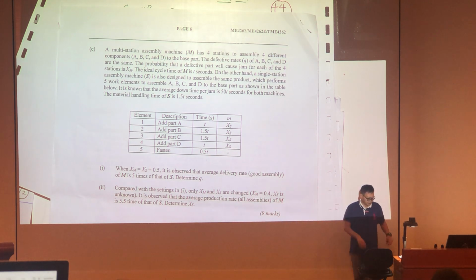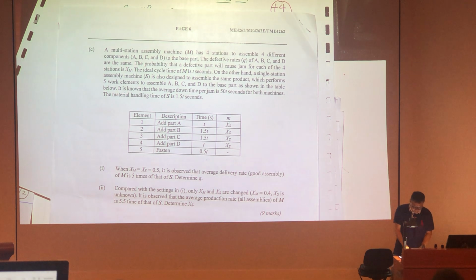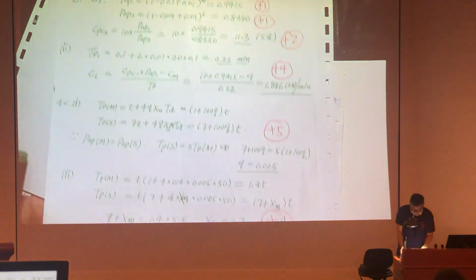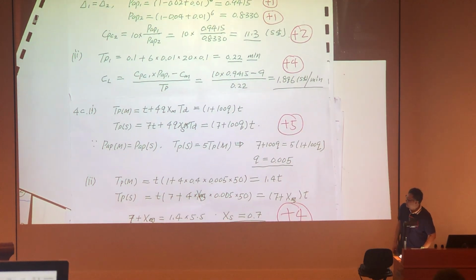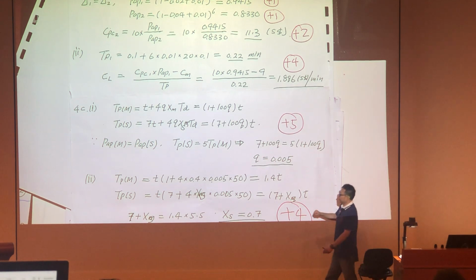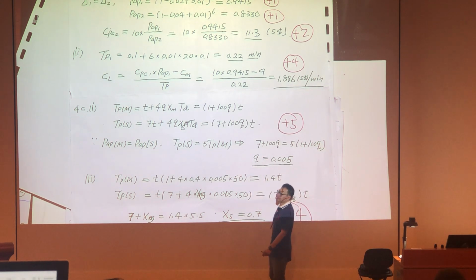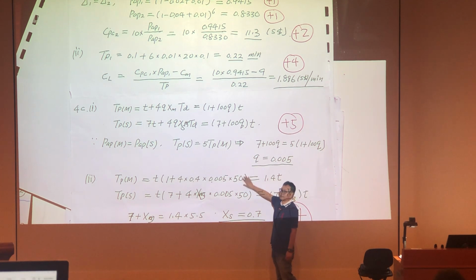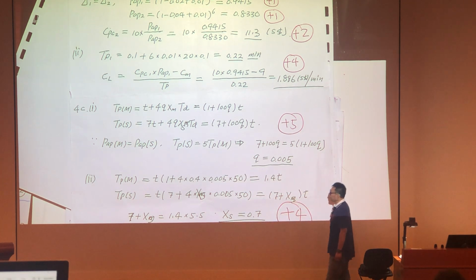So again, you need to establish this relationship to recalculate TPM and TPS. TPS equals to 5.5 times TPM.